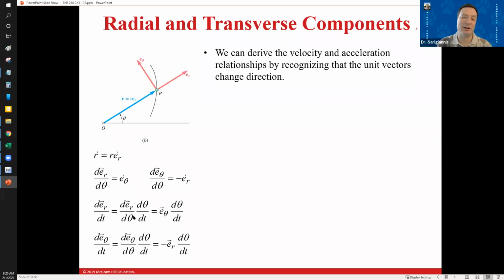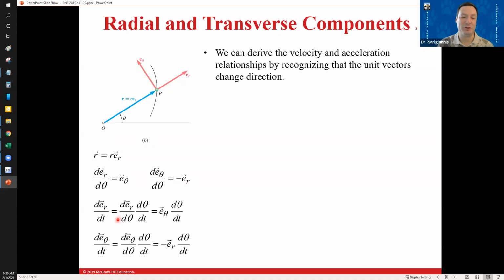Oh yeah, this is where the derivation is at. Well, part of it. Notice if you write r equals r e_r, let's just look at the math. If you take the derivative of e_r with respect to theta, you get e_theta. That's just part of the definition. You take the derivative of e_theta with respect to theta, and you get negative e_r.